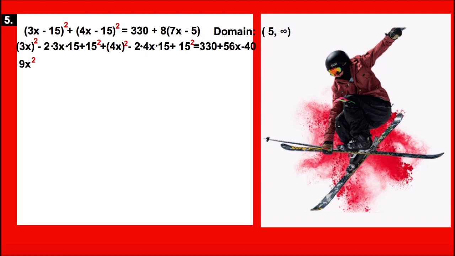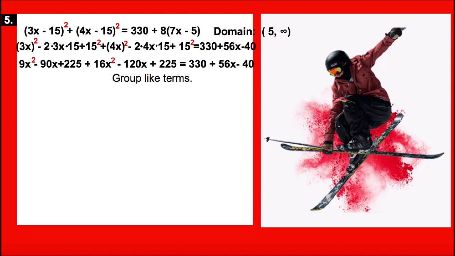Performing calculations, 9x squared minus 90x plus 225 plus 16x squared minus 120x plus 225 equals 330 plus 56x minus 40. Grouping like terms, as you see, red's group, blue's group, and purple's group.